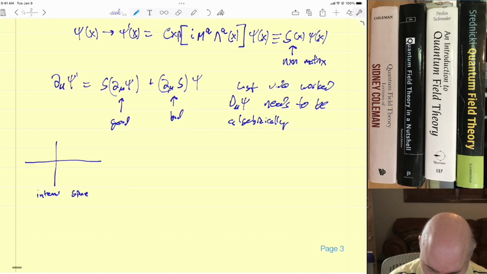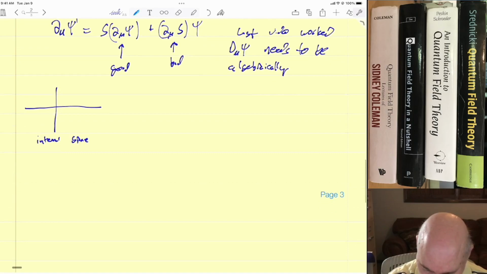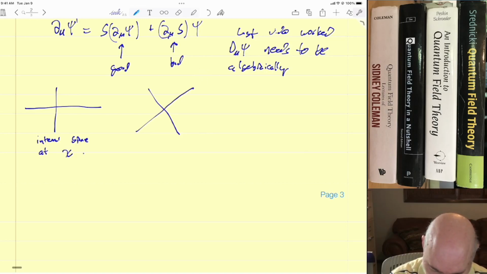But at different points in space-time, let's say this is at x, internal space at x in space-time. At another point, x prime, the axes could be rotated.